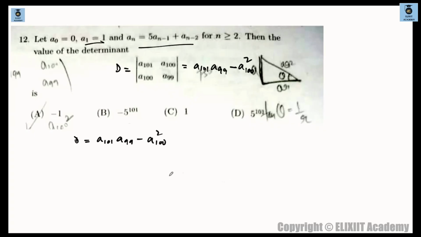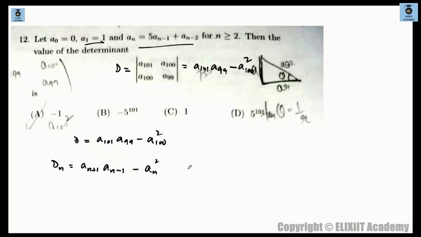Okay, so once you simplify this thing, we have to take the help of this as well: An is 5A(n minus 1) plus A(n minus 2), right? What I do is take the general form of this determinant. Here we are getting A101, 99, and then 100. So I write this Dn as A(n plus 1) times A(n minus 1) minus An square.